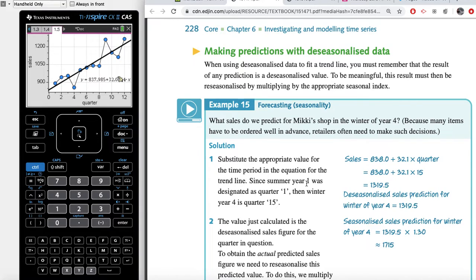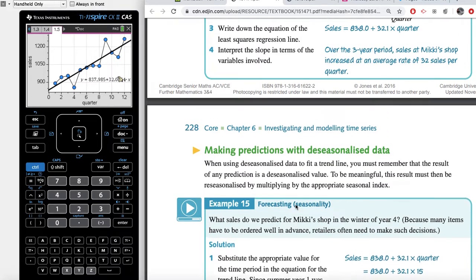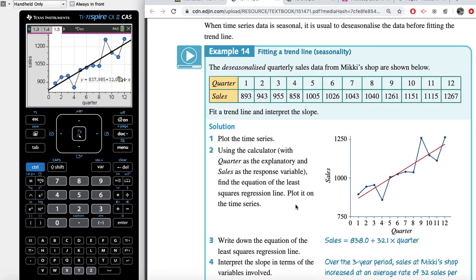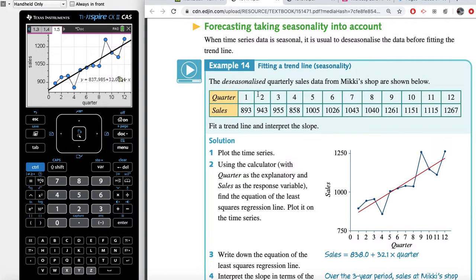Since summer year 1 was designated as quarter 1, then winter year 4 is quarter 15. Does that make sense for people? We go up here. These are the quarters, if they're quarters. Year 1 finishes after 4 quarters. Year 2, year 3, and then we started in summer, so we need 3 more seasons to get to the winter. That's where the 15 comes from.